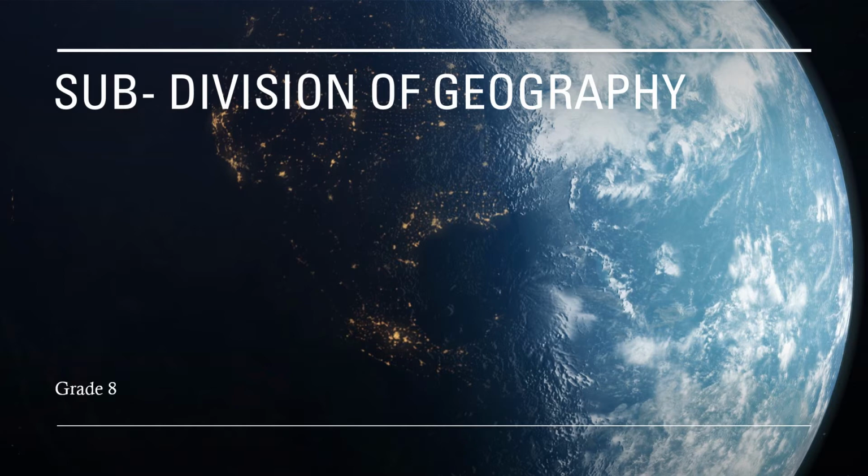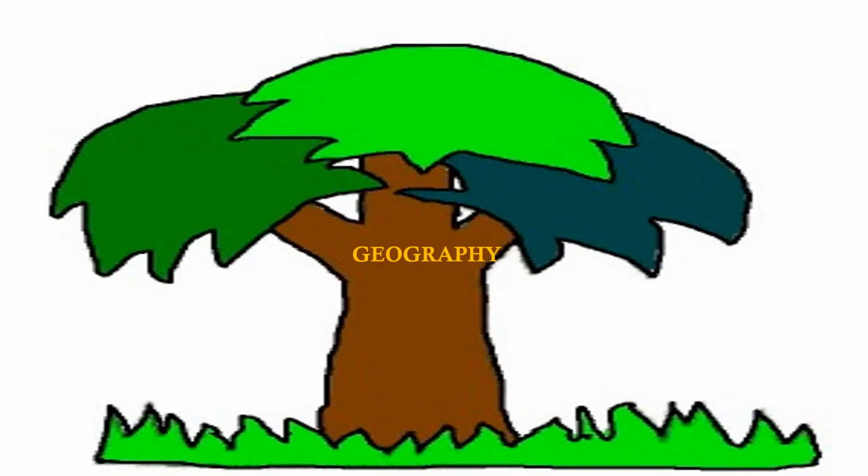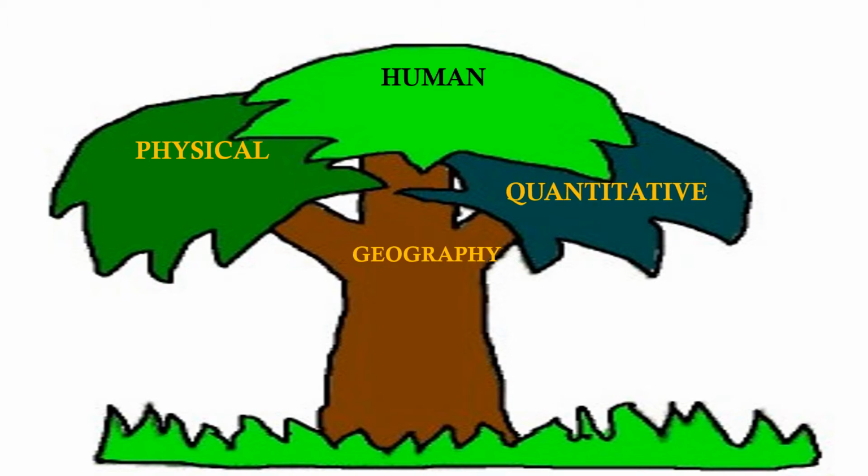Today we will focus on the subdivision of geography. In the last lesson, we said there are three main branches of geography. Can you remember those branches? Let's see if you are correct. They are physical geography, human geography, and quantitative geography.